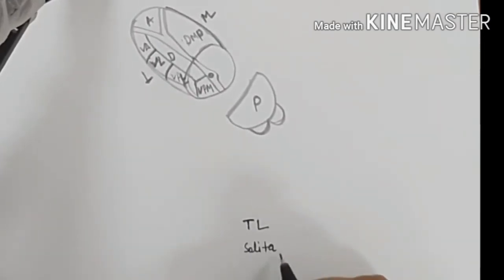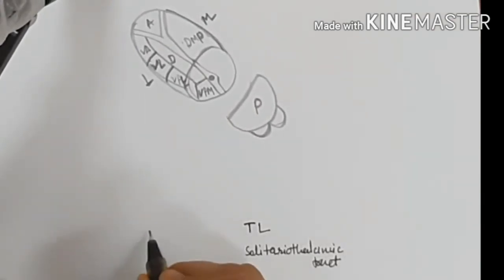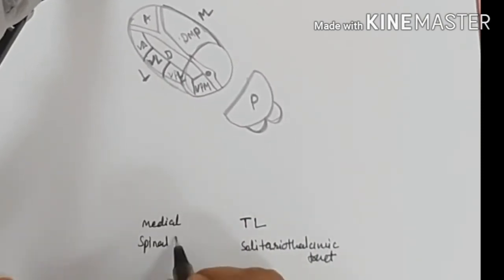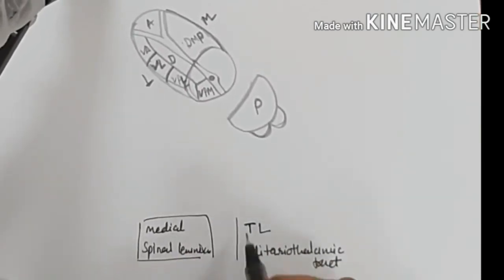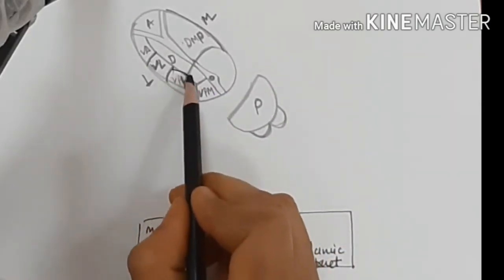Afferent fibers are derived from the trigeminal lemniscus and the solitariothalamic tract. All the sensation relays into the thalamus, so it is known as the sensory gateway. Fibers from the medial and spinal lemniscus relay into the thalamus.